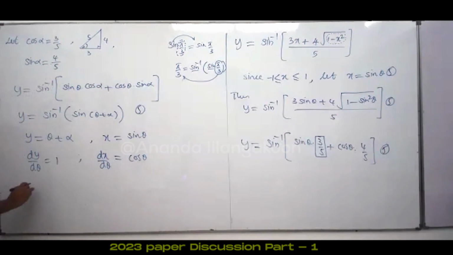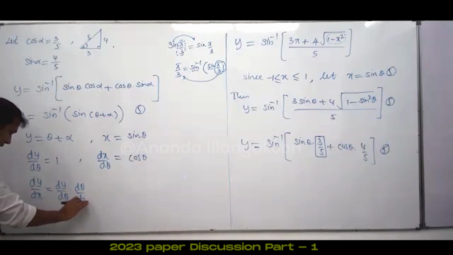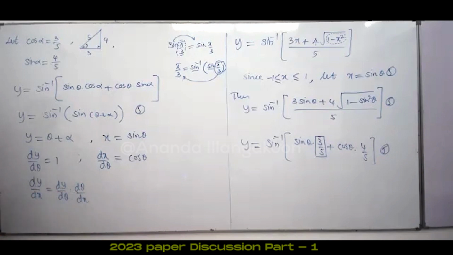Now, by using chain rule, we can write dy by dx. What is dy by dx? Dy by d theta into d theta by dx, by chain rule, no? Then substitute: dy by d theta is 1.